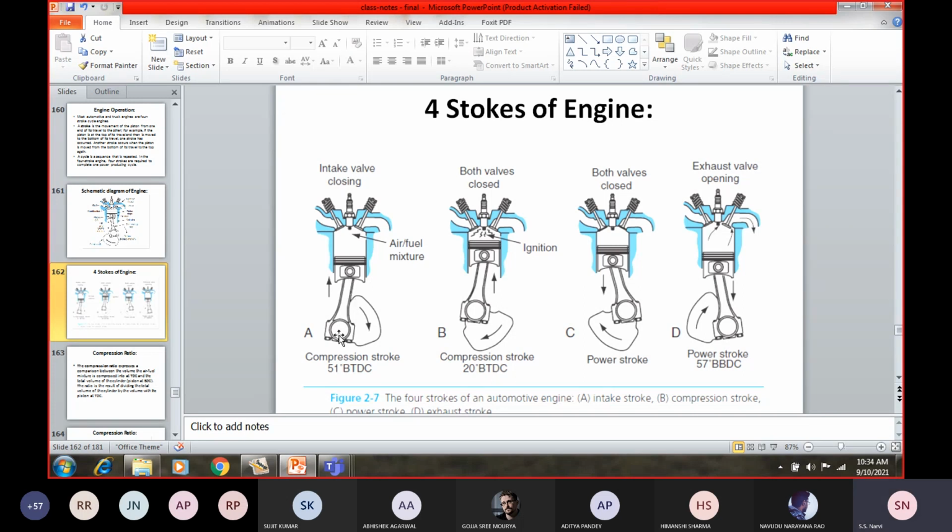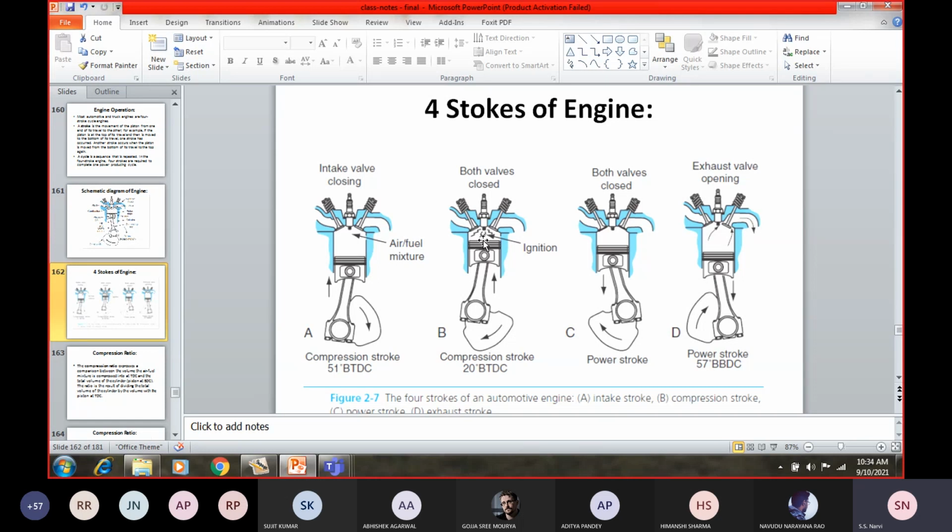It reached there. You can correct this in your diagram. This is not the compression stroke, this is the suction stroke. Now this suction stroke, when it has finally reached the maximum volume, then it will start going up.